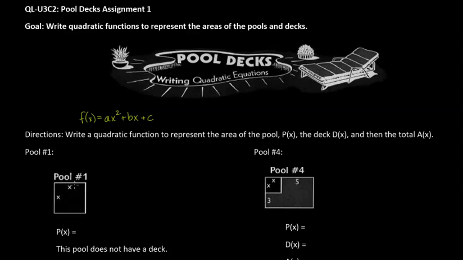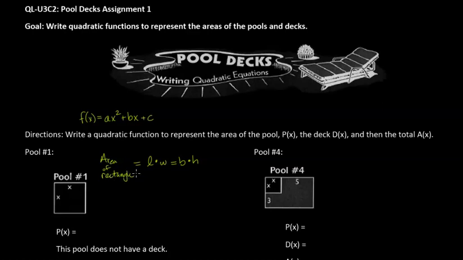And I guess to do this, we need to remind ourselves that the area of a rectangle is found by taking, some people say length times width, or some people say base times height. In other words, we're just going to multiply two sides together to find the area of any rectangle.